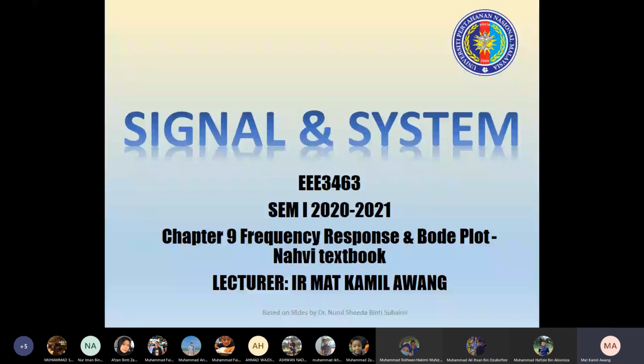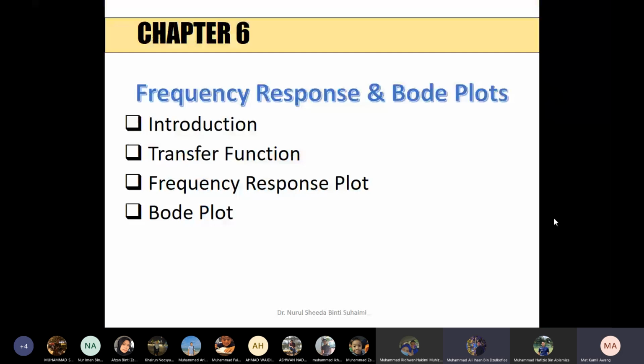Frequency response and Bode plot. This is in chapter 9, Nahvi textbook. So this is what we're going to cover: introduction on frequency response and Bode plot, transfer function, frequency plot, and Bode plot. So very short one.